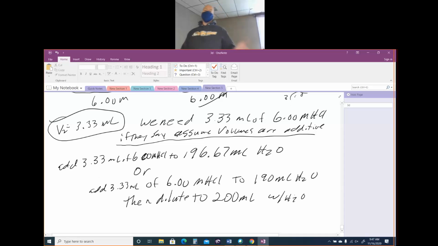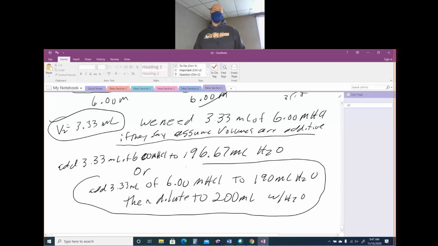All right, so this is the way that you should always do it, but I know that sometimes the problem will say assume the volumes are additive. So you should never assume that unless the problem says. So whenever you're making a molar solution, you add what you need to add. You had to have the 3.33 mils, and we have to have a total volume of 200, so we have to add it to some amount of water.